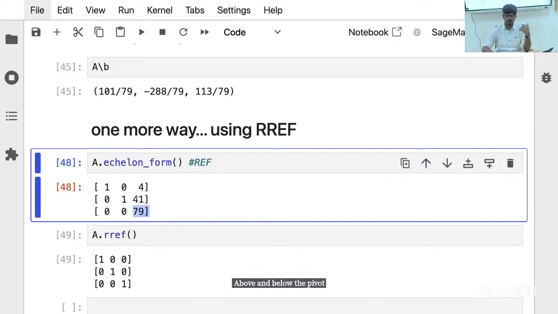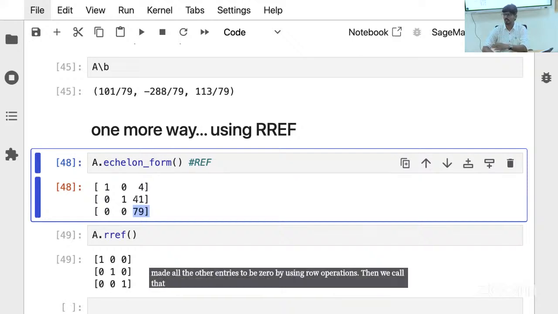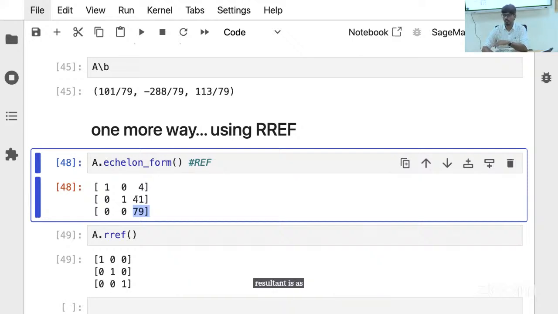If you have made all the other entries above and below the pivotal elements 0 using row operations, then we call the result a row reduced echelon form. Otherwise, it is a row echelon form. You just leave the entries below the pivotal entries 0, don't bother about the ones above the pivotal entry, and that becomes a row echelon form, correct?